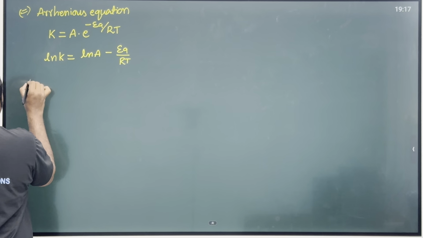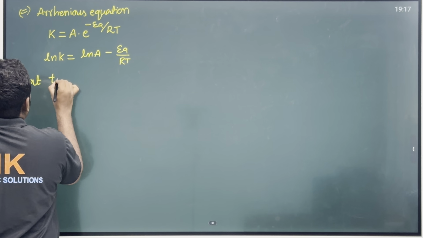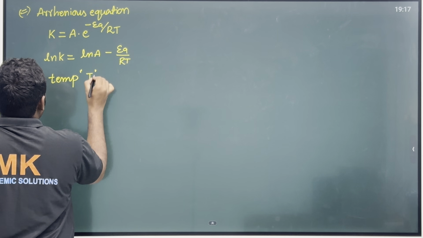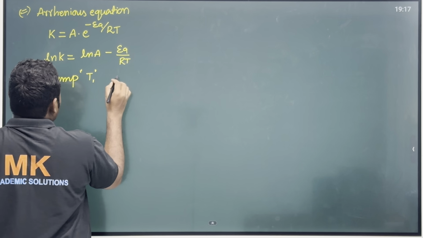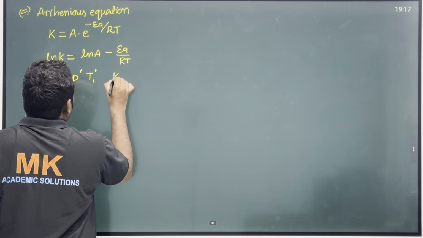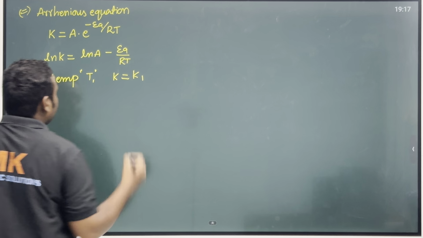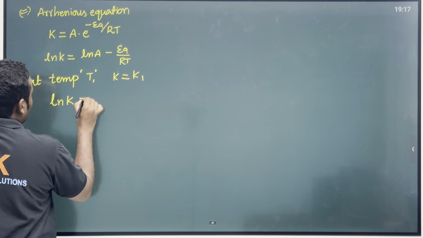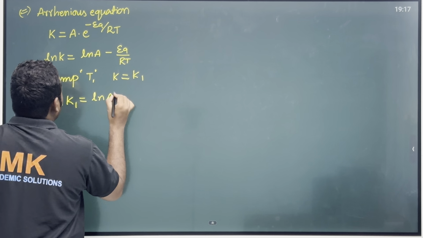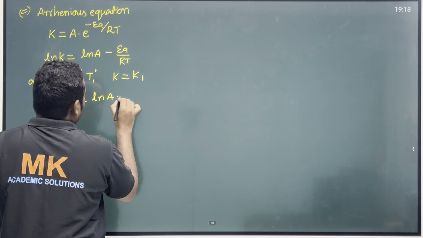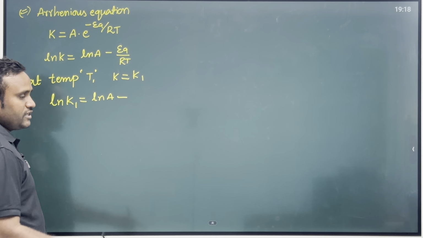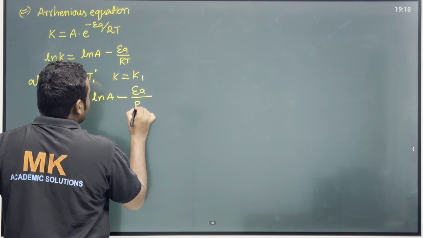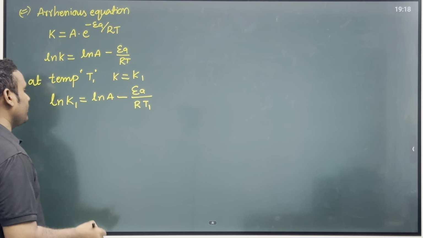Therefore, at temperature T1, k is equal to k1. So the Arrhenius equation here gives ln k1 is equal to ln A minus Ea by R T1. The pre-exponential factor is not going to change with temperature, the activation energy also does not change, R also does not change, and the temperature becomes T1.